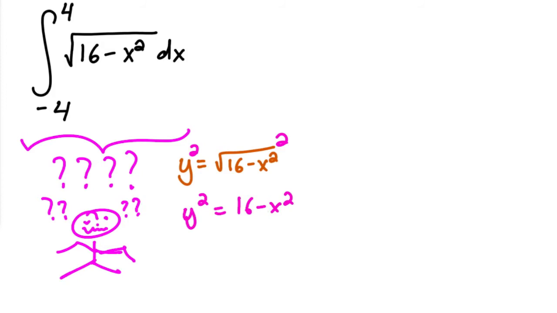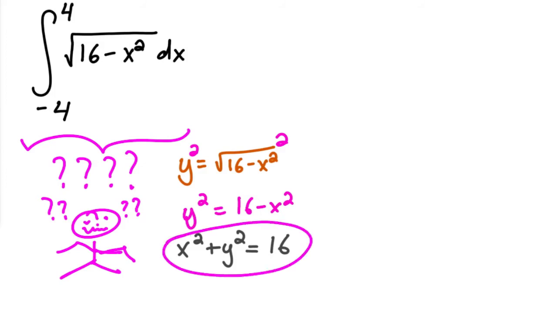Interesting. Let's say you bring the x squared over. Then it turns into x squared plus y squared equals 16. Now, what does this look like? You recognize it? This is a circle of radius 4. Right?